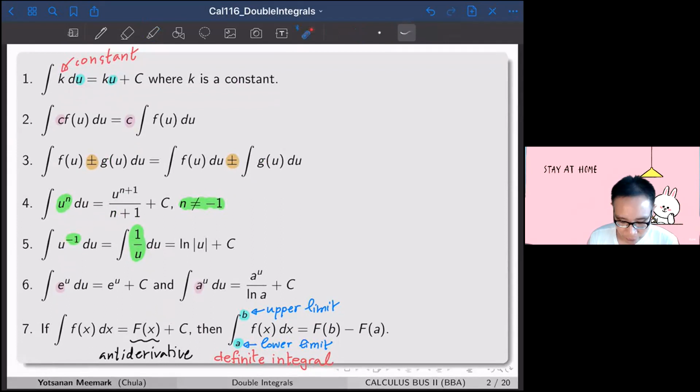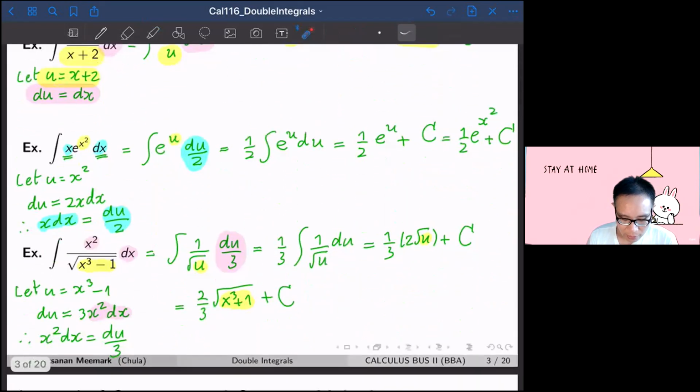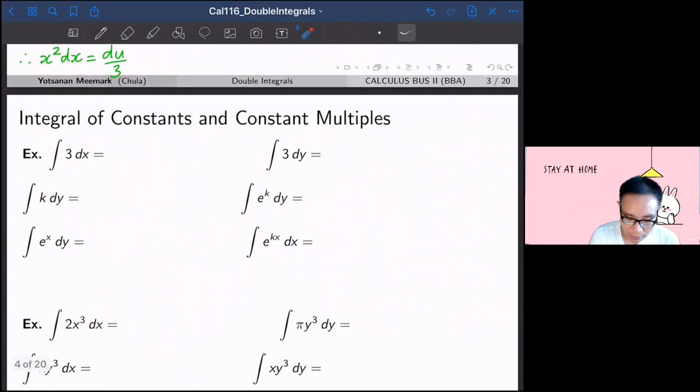So in this case, you have the constant 3, and you have dx. So you'd like to integrate, sometimes we say integrate with respect to x. And the final answer turned out to be just 3x plus c.